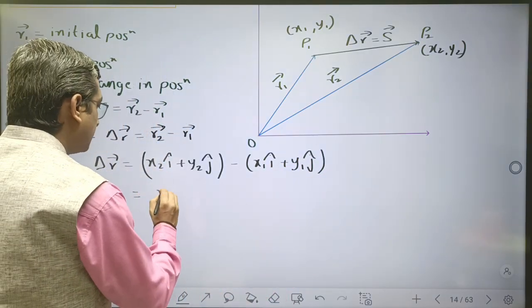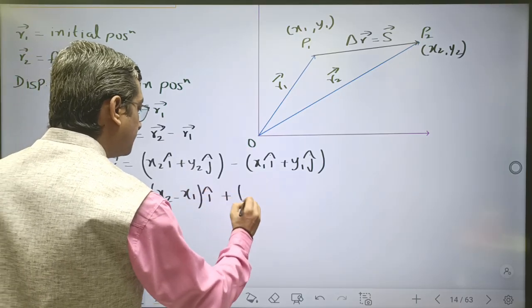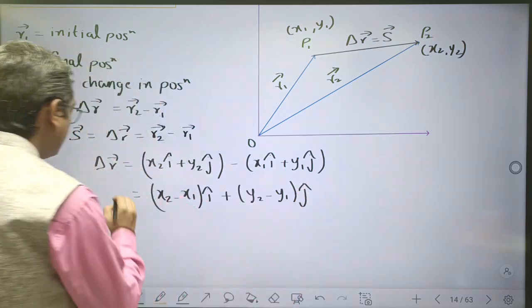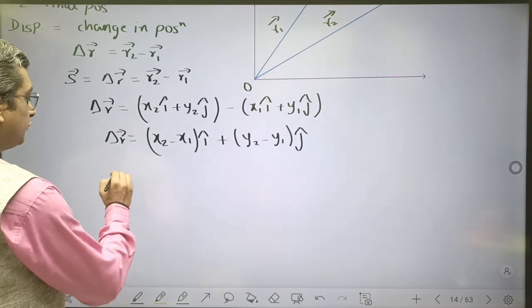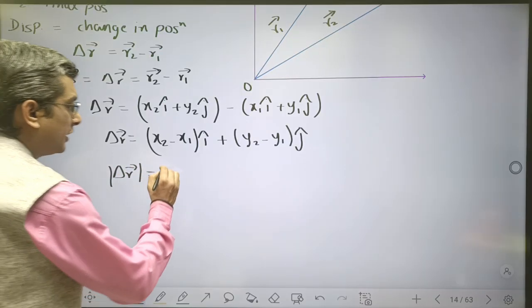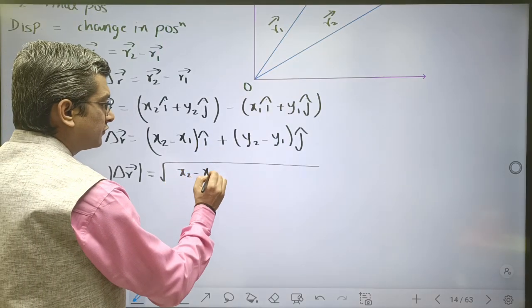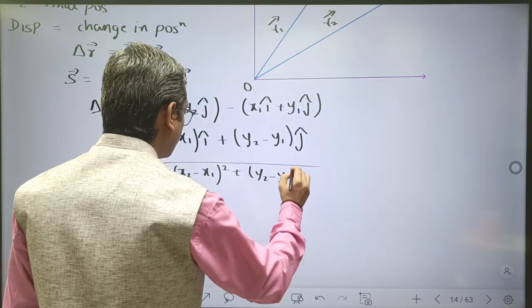So this will be x2 minus x1 I cap plus y2 minus y1 j cap. Now this is the final, or you can say, displacement vector. Now if you wish to find its magnitude, as you know, the formula for magnitude is given by root over the coefficient of I cap square, that is x2 minus x1 square, plus y2 minus y1 square.